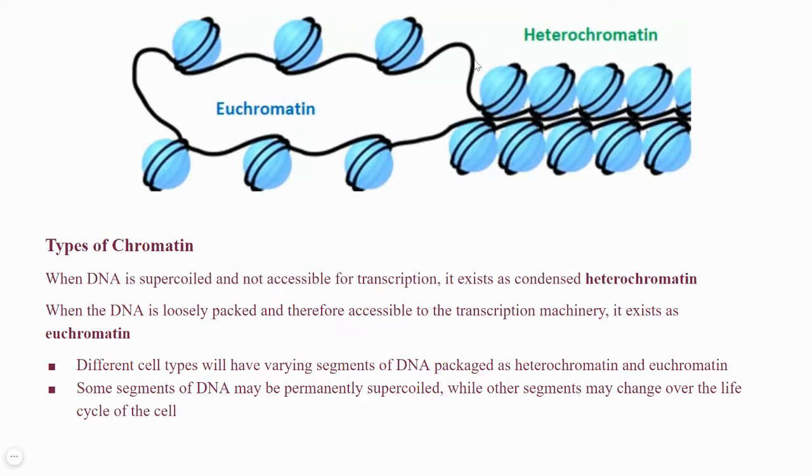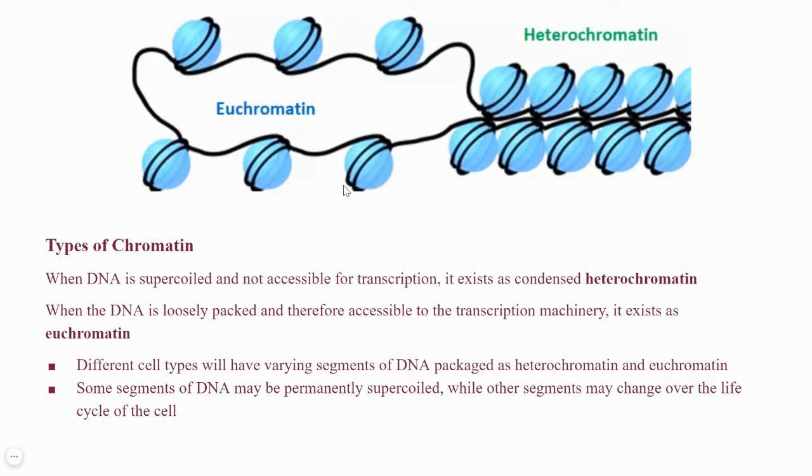These two types of coiling within the same chromosome can be given two different names: euchromatin and heterochromatin. Euchromatin is the loosely wound regions of your chromosome, and heterochromatin is the tightly wound and tightly packed compact region of your chromosome.